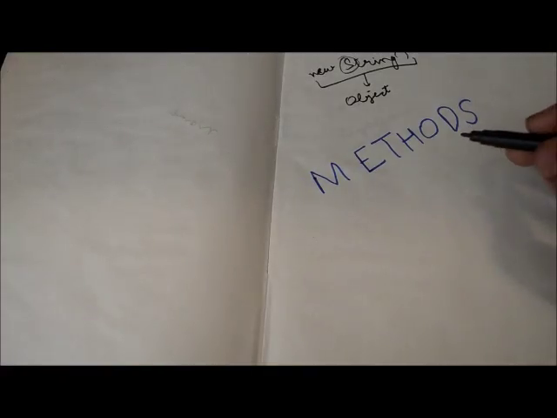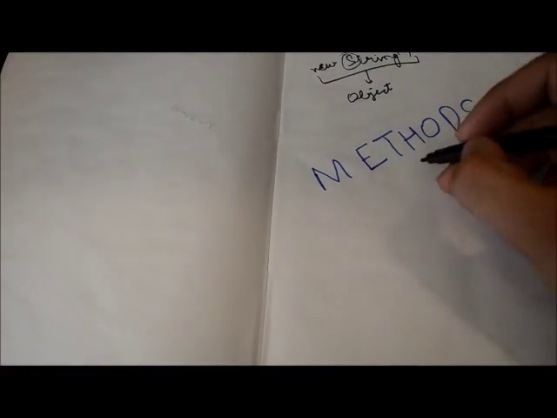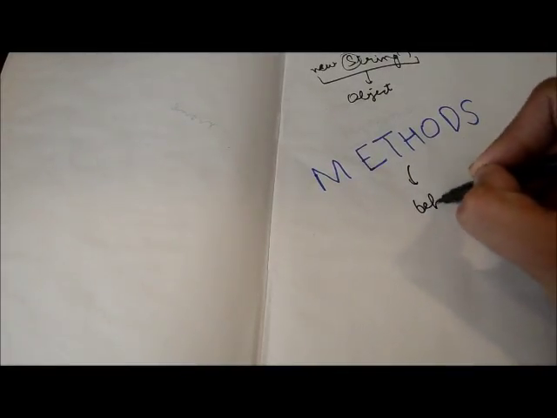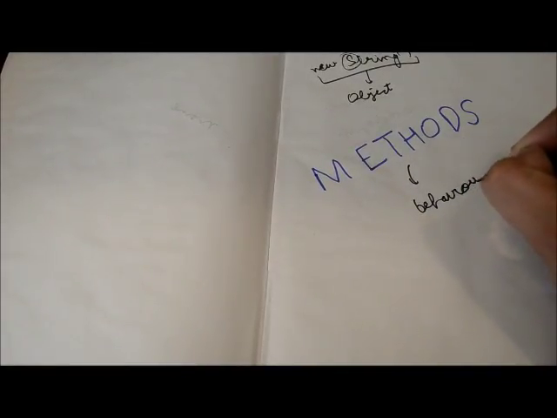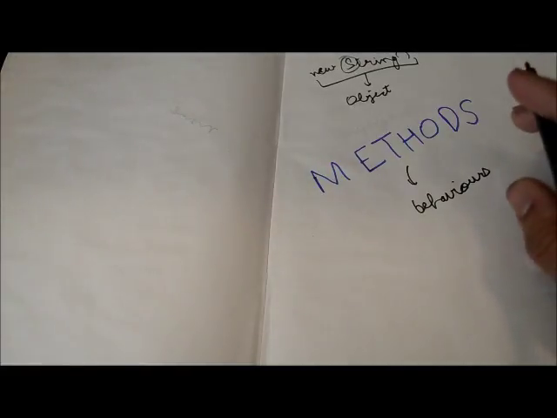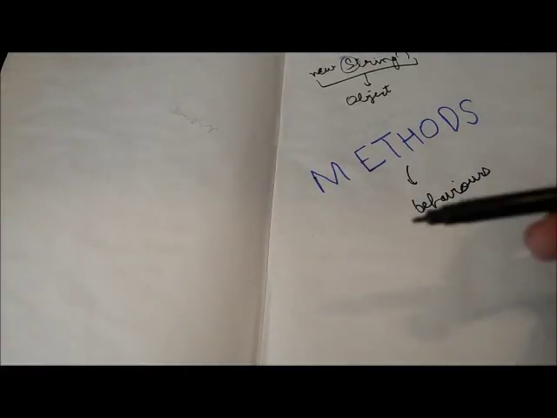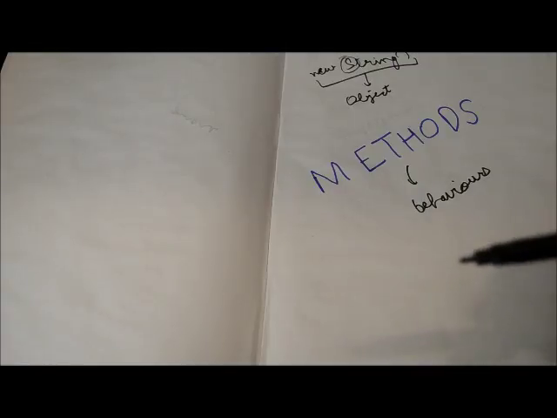Now let's talk about methods. Methods are nothing but behaviors. Alright, while variables were properties, so for example, this pen has black ink, right? That's the property of this pen.